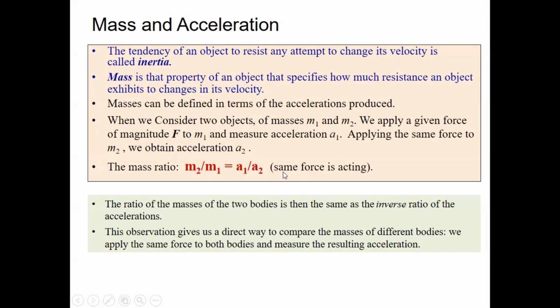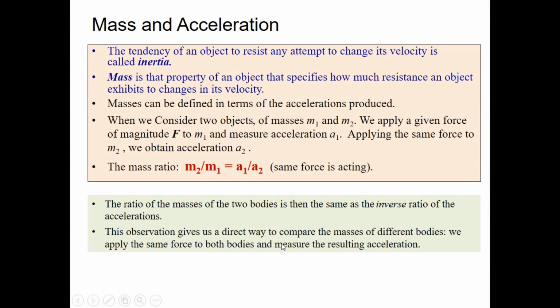The force is the same. However, we see here that the ratio of the masses of the two bodies is the same as the inverse of the ratio of the accelerations. So mass is inversely related to the acceleration.